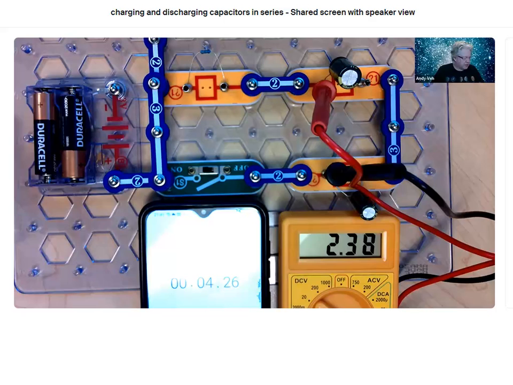The first one is going to come up here pretty soon. And take a measurement right now at 10 seconds. Right now.